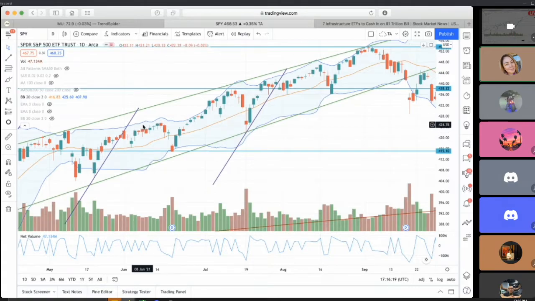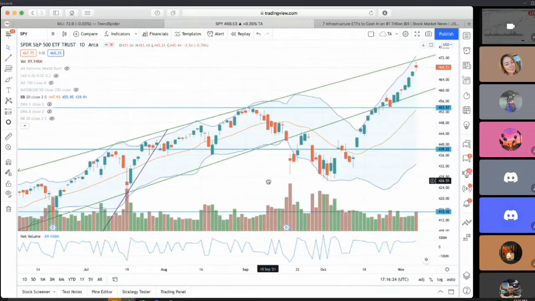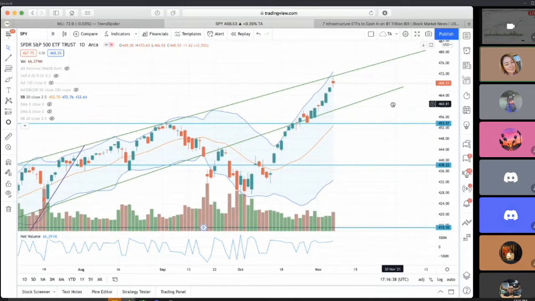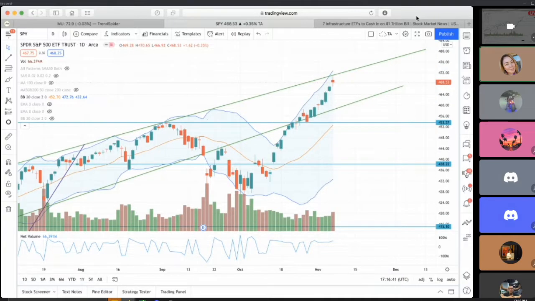So we might see some sideways action before the SPY drops. I would say on the 18th, the SPY would probably go back here and test 460, but it probably goes sideways for a week. So pay attention to that.